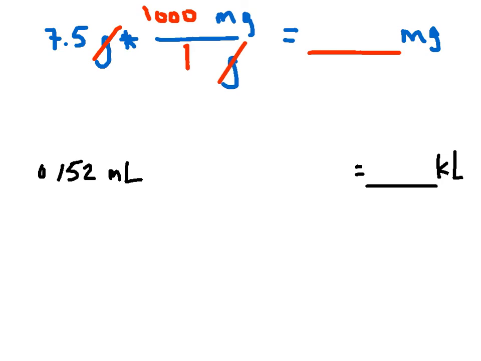What does the prefix milli mean, and is it larger than or smaller than the base unit? The base unit in this case is the liter. And then, what does the prefix kilo mean, and is a kiloliter bigger than or smaller than the base unit? With those initial questions, I'll go ahead and start filling in the problem.